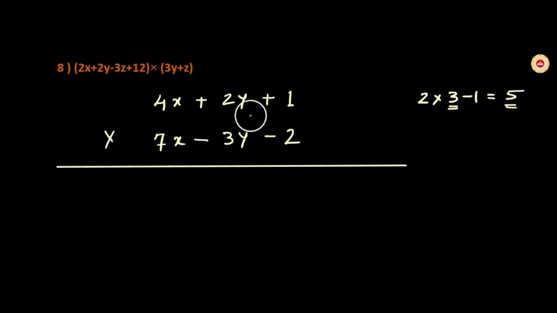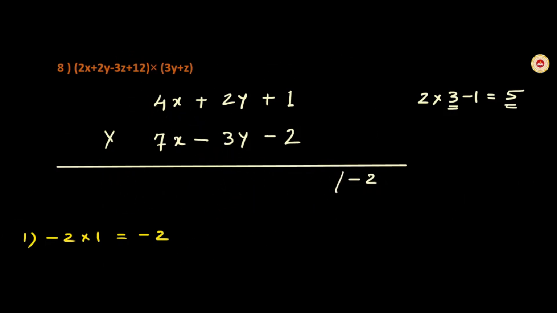Okay, so starting from right side, consider first rightmost column, minus 2 multiplied by 1. So step number 1 is minus 2 multiplied by 1 is minus 2. Okay, so write minus 2 and draw a slash to separate this minus 2 from other parts.